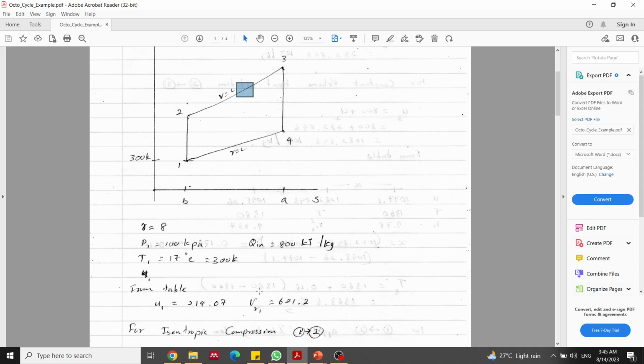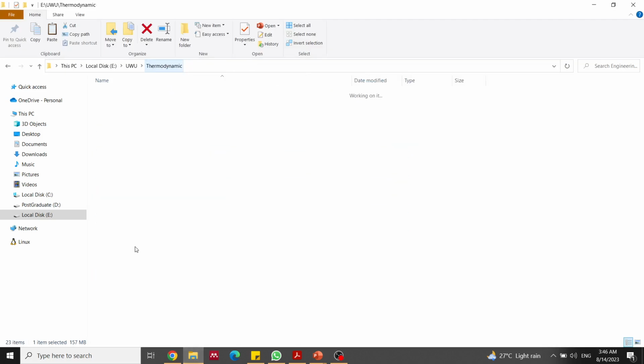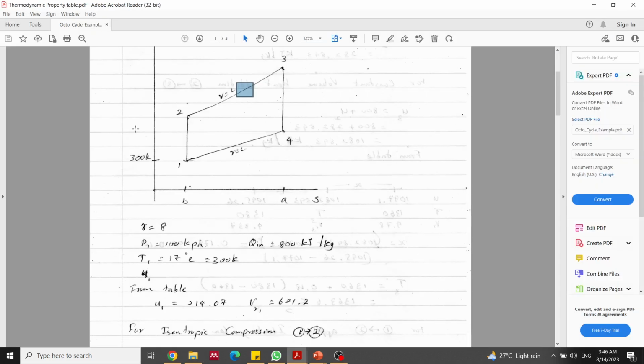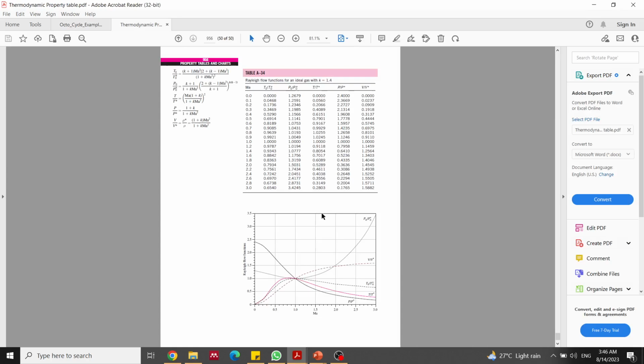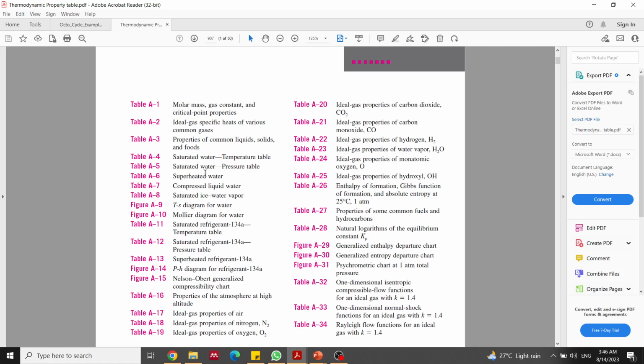So that is the specific volume at point 1 and also the internal energy at point 1. So if we go to the property tables, right? We are interested in looking into the ideal gas properties of air, right? Table A-17.